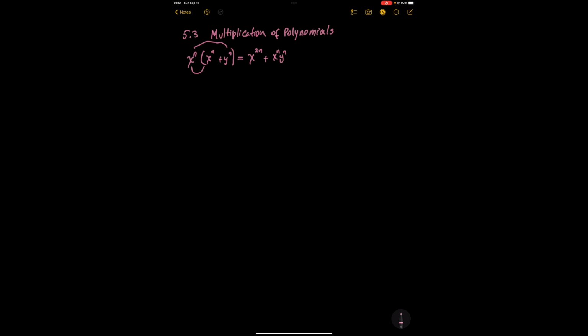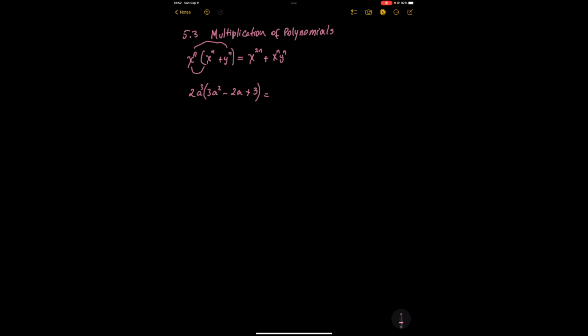Let's do a second example. Let's say we have 2a cubed times 3a squared minus 2a plus 3. So how are we going to do this? We're going to multiply.